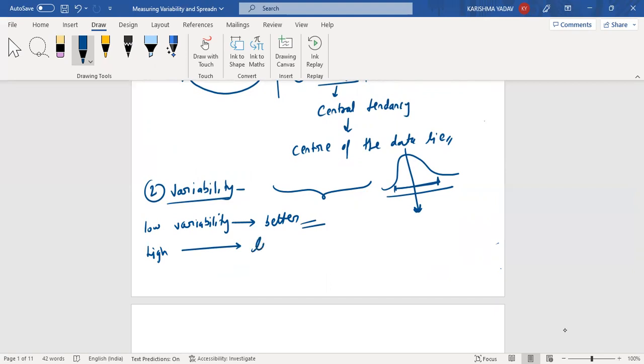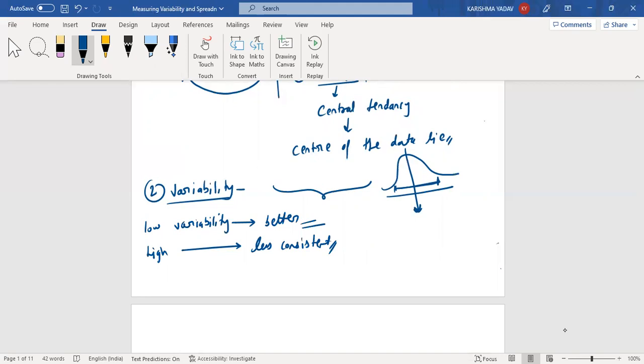They would not be that good because the variability is high in the results. So the variability defines how well we can predict the results of the population from our sample data results.